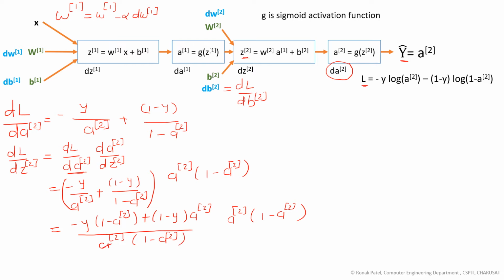So we can cancel a2 and 1 minus a2. Now if you simplify this, what will you get?